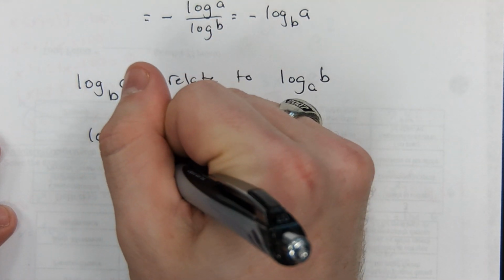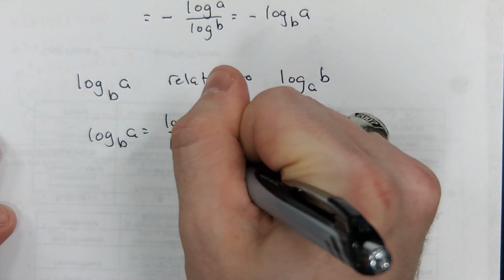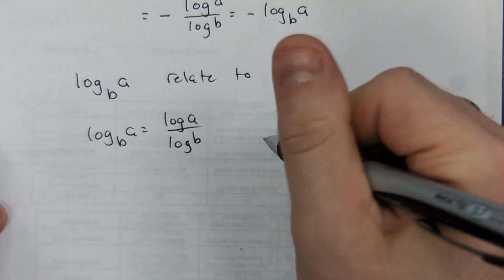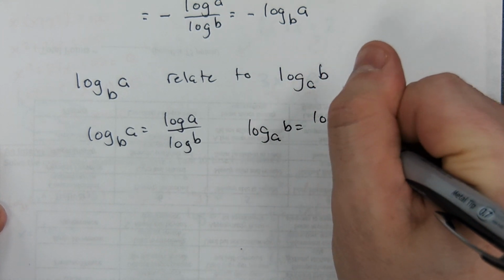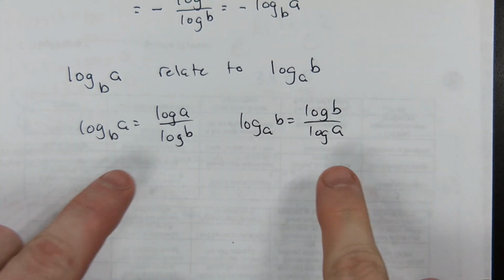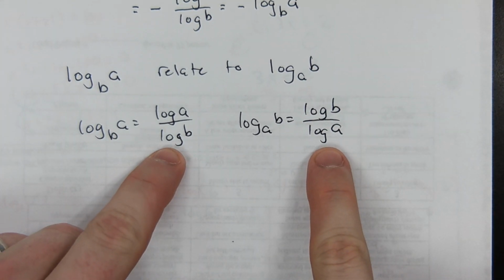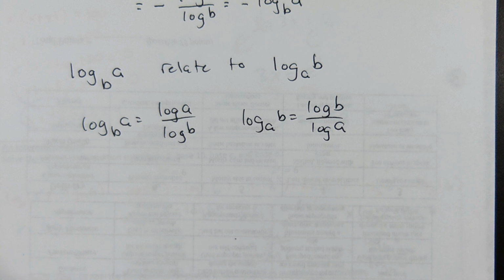Log base b of a using change of base is log of a over log of b. And log base a of b is log b over log a. What relationship do these two fractions have? Not inverses. Reciprocals.